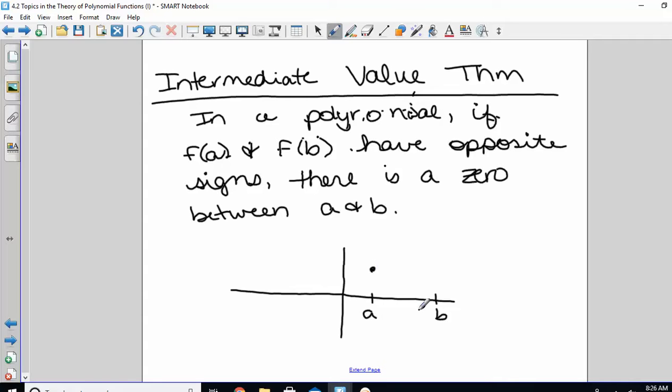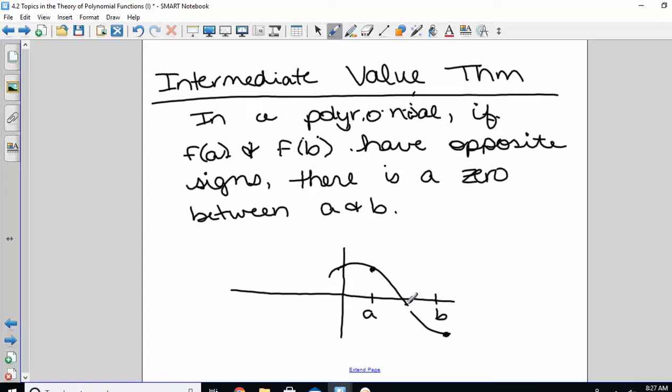So let's say this one's positive and this one's negative. I told you yesterday that the graph of a polynomial is always a nice smooth curve. No breaks in the graph, no corners. So if I'm going to connect those two points, the only way to get from a positive to a negative is by crossing 0, isn't it?